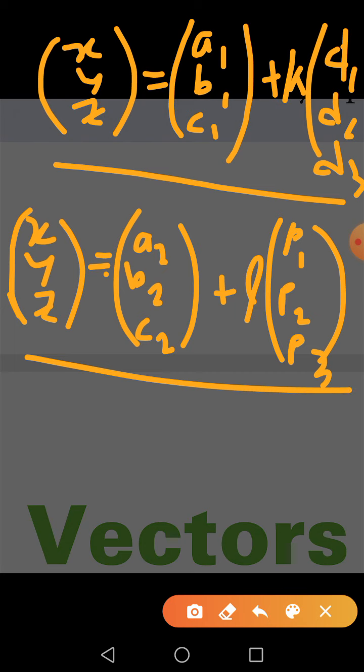Now please write down these two equations because I need space to write something more, so I will be rubbing them out.